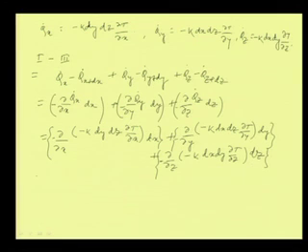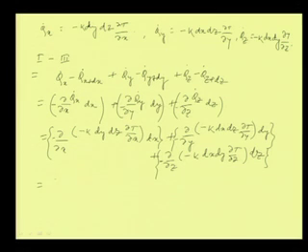Now, we will assume that the material is isotropic. That means k is independent of position, and in that case we can take k out of the differential.